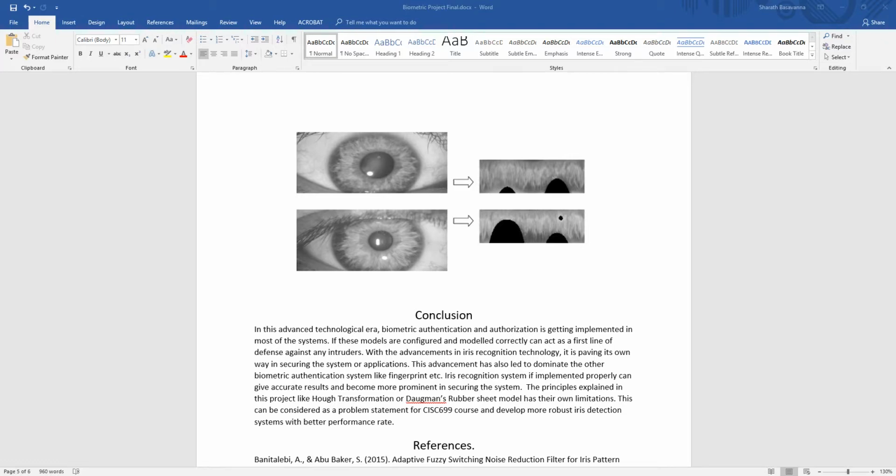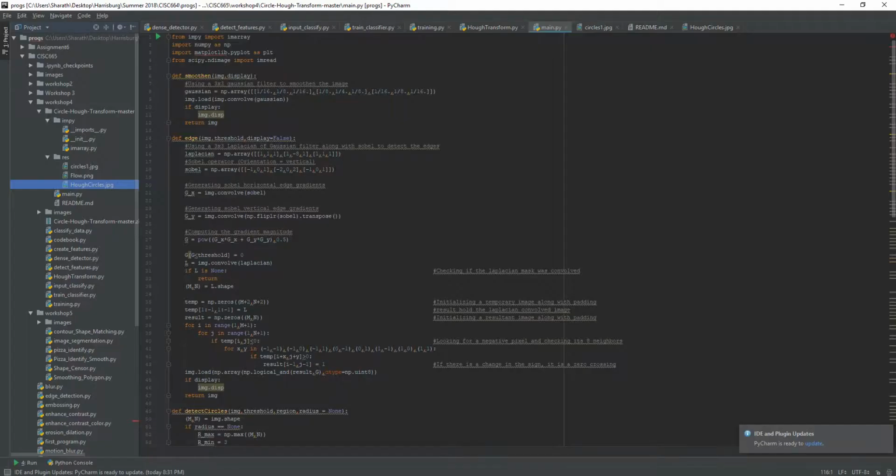Now, going over the code, as you can see, this is PyCharm. This is the hough_transformation.py. To run this program, it requires the following packages: I have included NumPy, Matplotlib, and SciPy. These are the imports I have done.